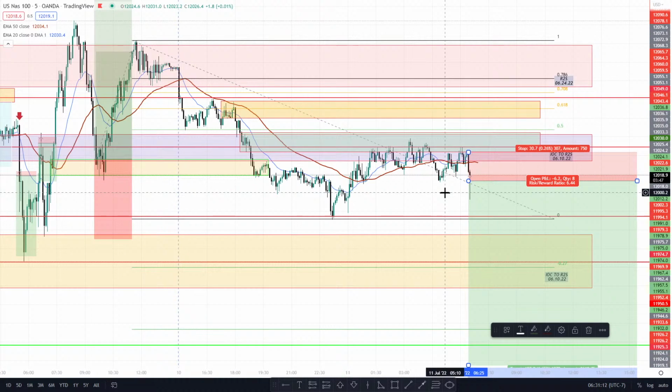Mm, yeah, let's see if it retests right here. I'll probably add some more positions.